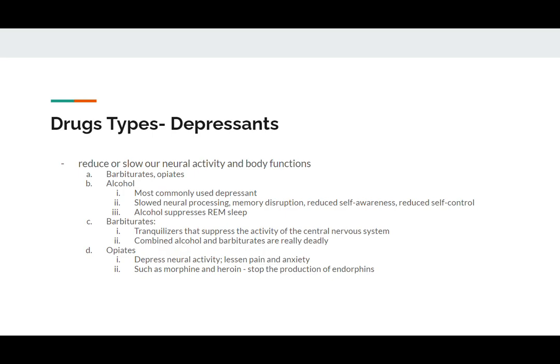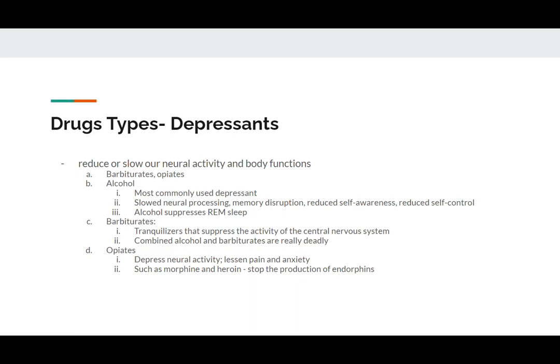That's because alcohol suppresses REM sleep, which stands for rapid eye movement sleep, the stage where most of your dreaming occurs. Addiction could lead to alcohol use disorder, which is marked by tolerance, withdrawal, and the need to continue drinking, which is this addiction cycle. Unfortunately, millions of people have this disorder, and it has drastic effects such as shrinking the brain, so your brain actually decreases in size, which is terrible.